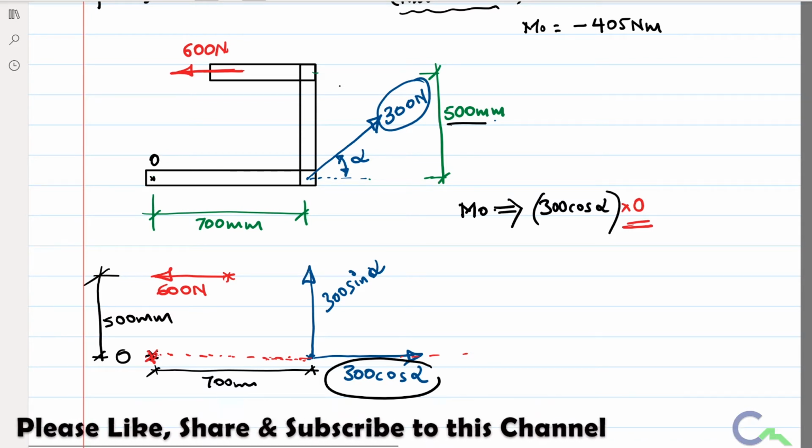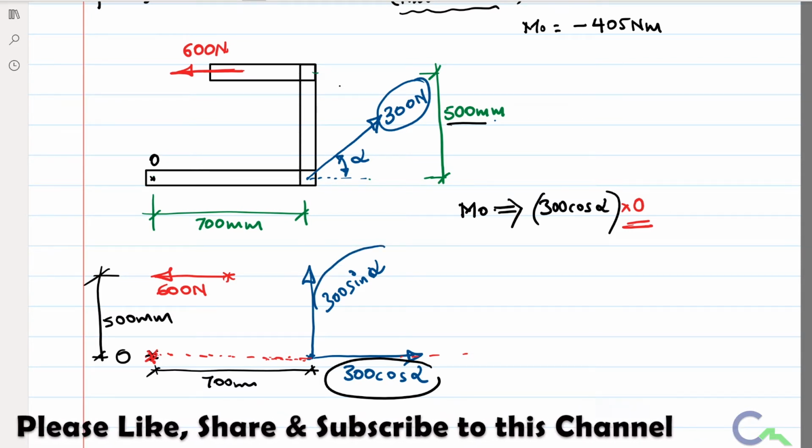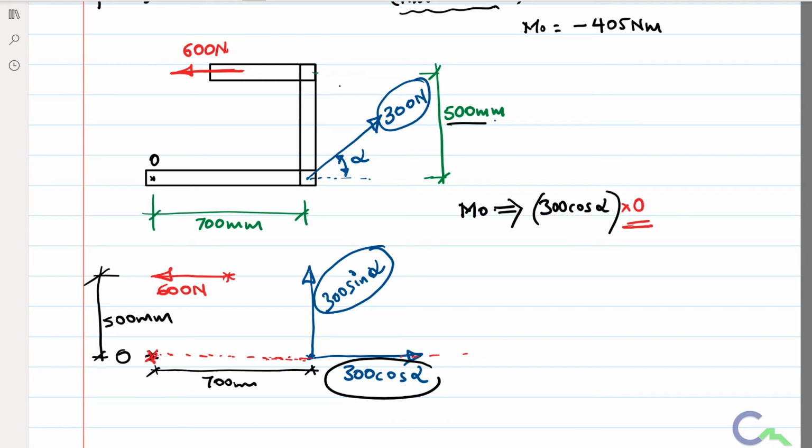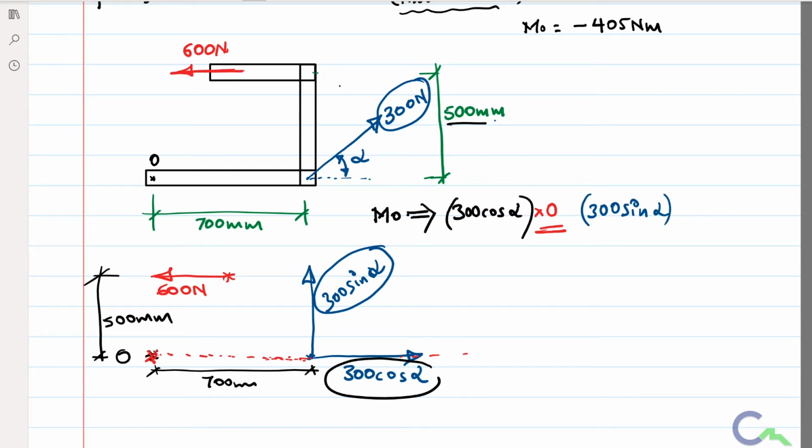If I consider one more force, that is 300 sin alpha, the perpendicular distance from O is this distance, from here to here. That distance is 700.